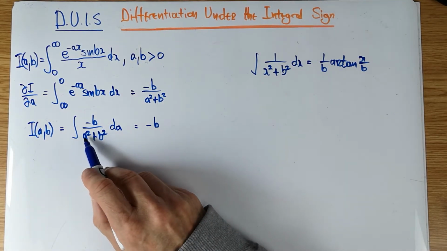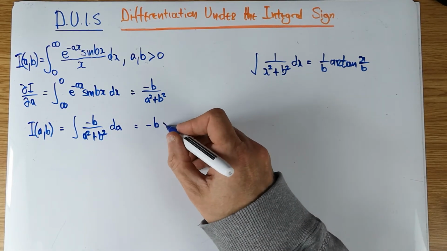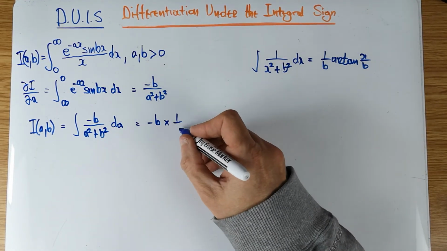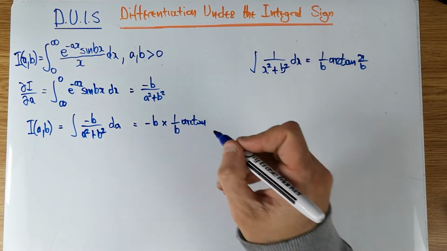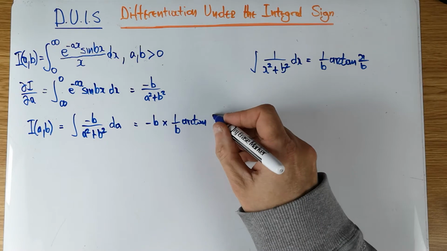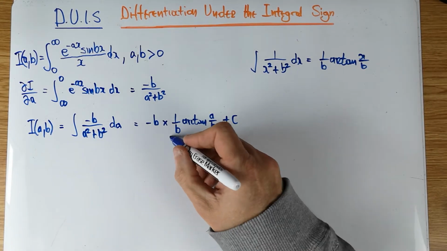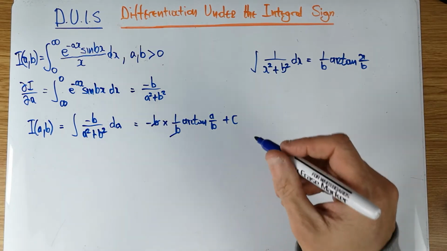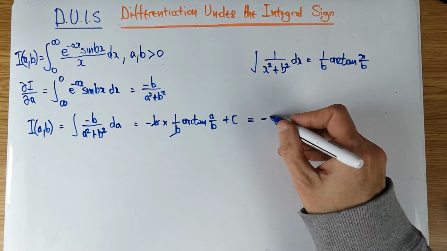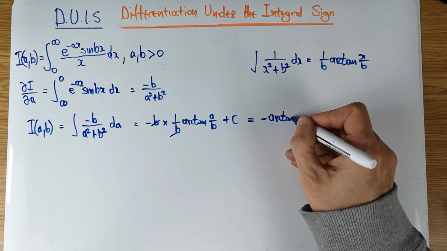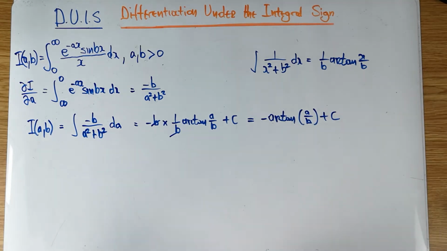That's your x basically here, and that's your b as I wrote it in there. So that's minus b times 1 over b, as per here, arctan of x over b, plus c, of course. So the b's will cancel. So this will now give us equal to minus the arctan of a over b plus c.